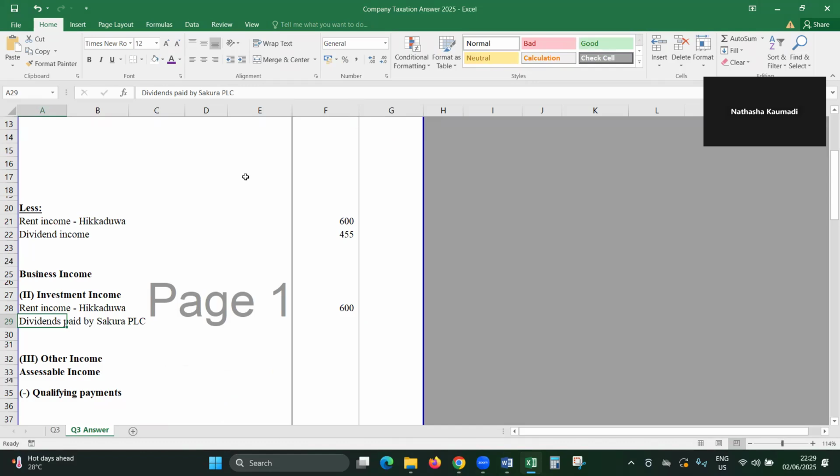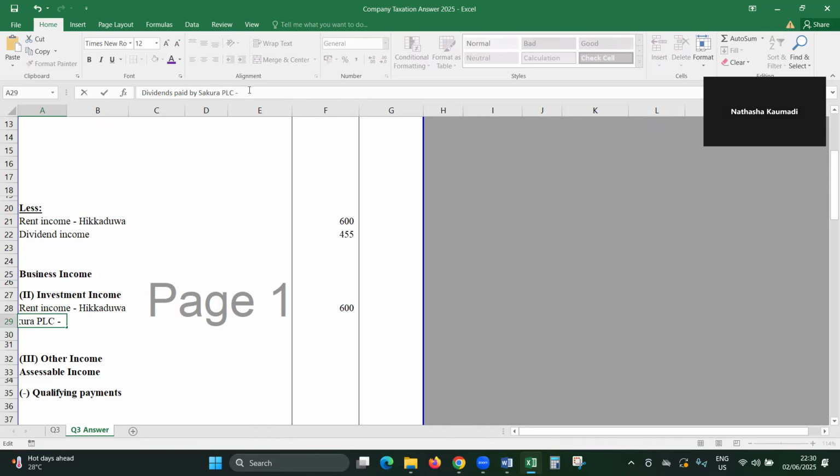Out of the profits of Sakura PLC. Sakura PLC's profits were used and paid as dividends. In that case, when a resident company is paying dividends from the profits earned, before they pay the dividend, that company is deducting WHT.